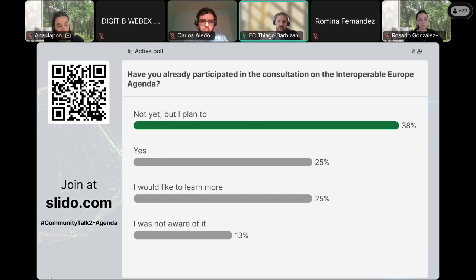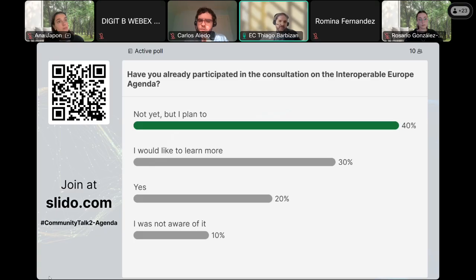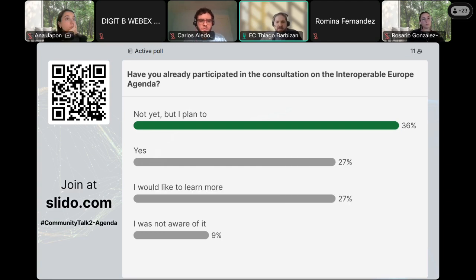Of course, the results of the consultation is just one of the inputs that serves for drafting the agenda. And here we see that most of participants today have not contributed to the agenda consultation, but plan to do so. This is great. And some would like to understand better, and a few have contributed in the past.